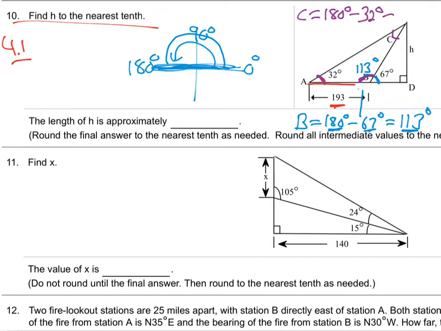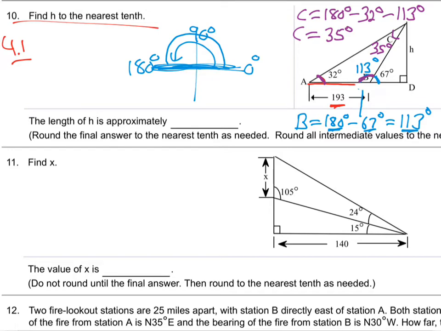So if you take 180 minus 32 and minus 113, minus the other two angles, I think you get 35 degrees. So this has got to be 35 degrees. Now the three angles add up to 180. The three angles in any triangle have to be 180. Okay, so I was able to find all the angles in that triangle.